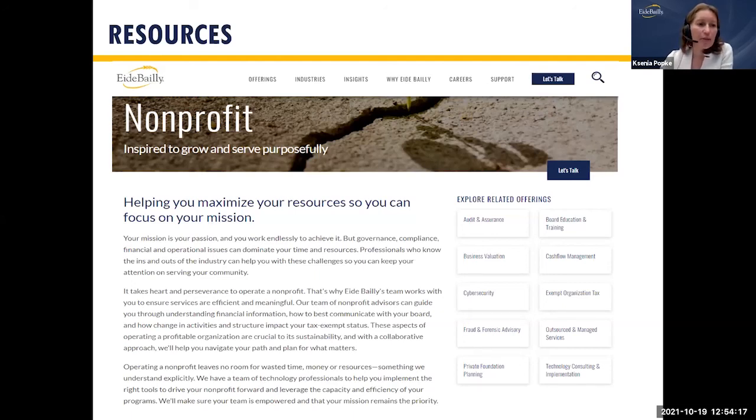So one of the questions was for in-kind gift reporting. Does this include putting a monetary value on volunteer hours gifted to the organization? So that particular accounting guidance did not change.